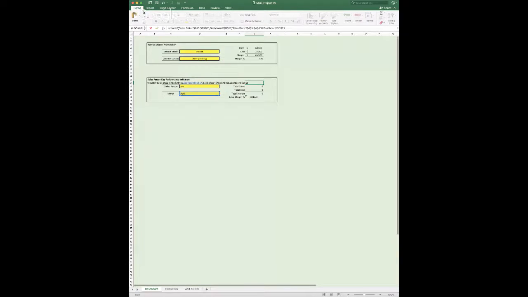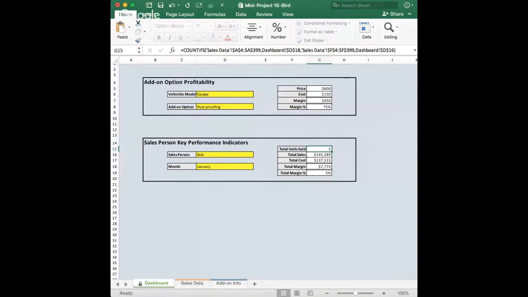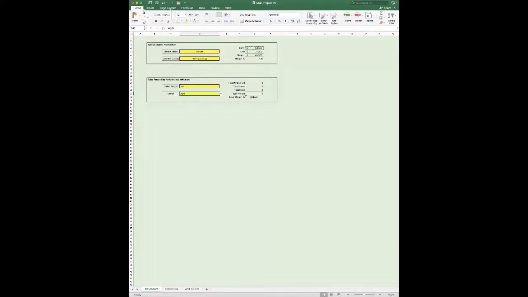It says I entered too many arguments. Yeah, I think I got that one. Oh, because I put COUNTIF instead of COUNTIFS. Okay, so you're Bob in January. Let me go to that real fast, just to make sure I did this right.